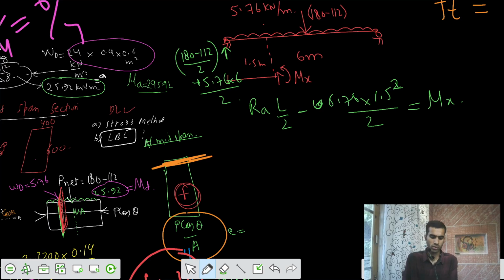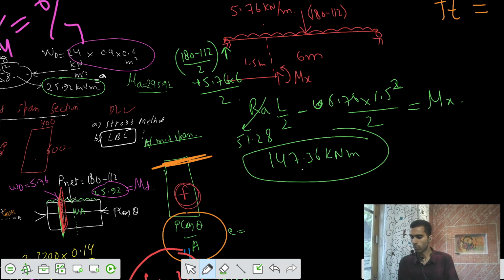RA is equal to (180 minus 112) divided by 2 plus 5.76 into 6 by 2, so that's your total reaction, 51.28. Then 51.28 into 1.5 minus 5.76 into 1.5 square by 2, so the moment is 147.36 kilonewton meter.